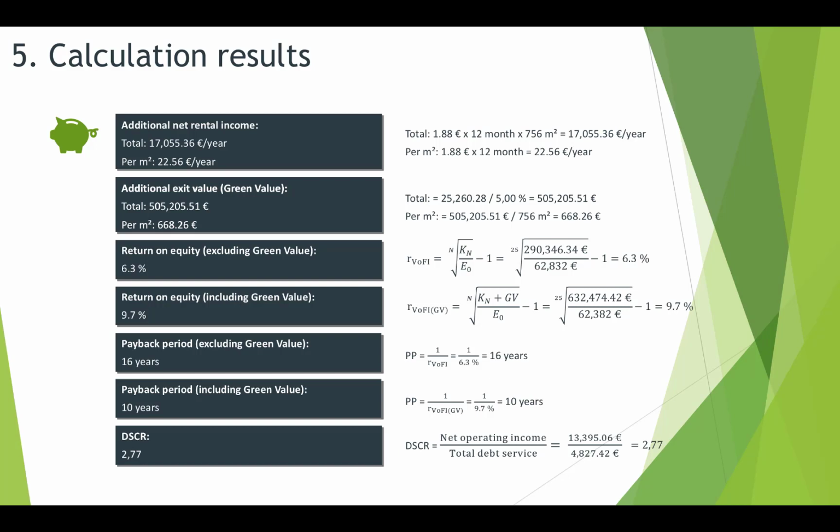Any value above 1 is generally desirable, as it indicates that the modernization provides more additional income to the investor than he has to pay the bank for the debt service agreed on. In our case, a good DSCR is achieved because the debt service is covered more than 2.5 times by the additional income.